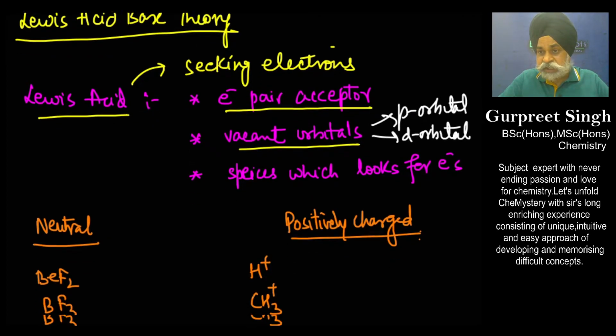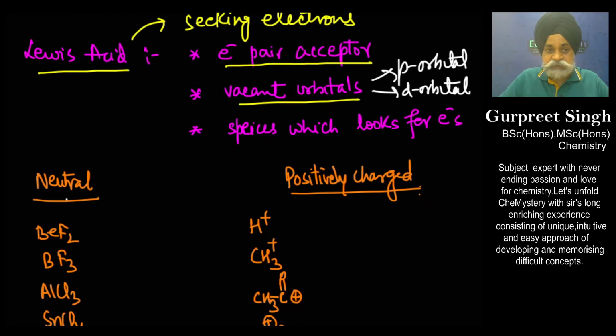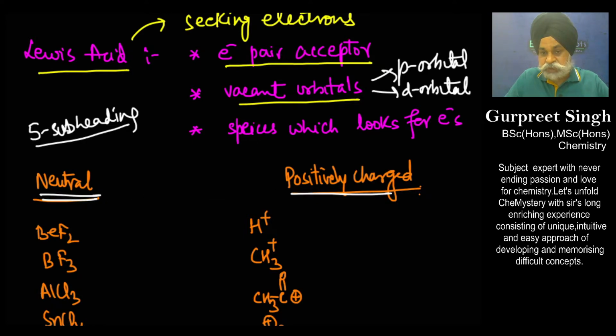Now, there are 5 subdivisions in it. What are the types of Lewis acids? There are 5 categories, but here I will conclude it in 2 subheadings: one is neutral and another is positively charged.